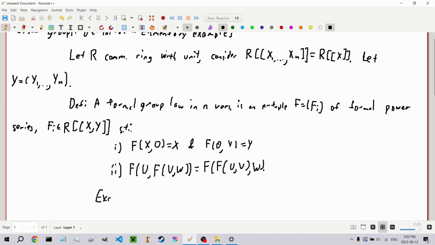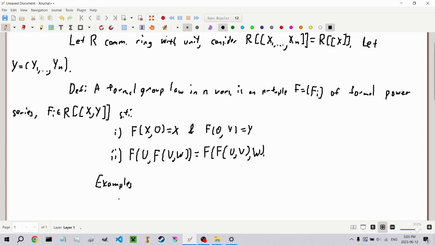For examples, we have the additive group, Fi of x and y just being treated as their sum.